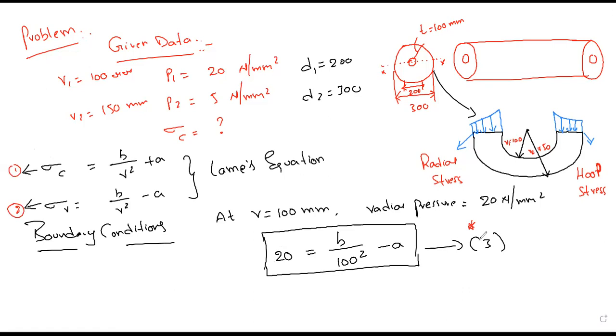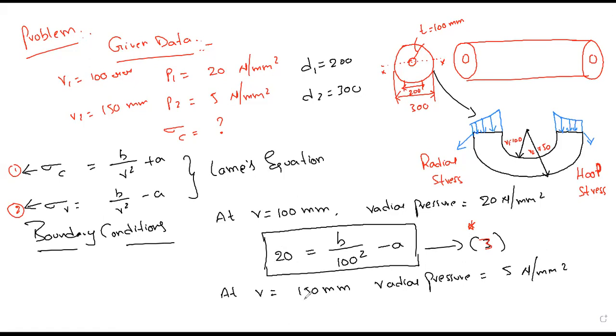This is your third equation. And what is your next boundary condition? At R is equal to 150 mm, your radial pressure is how much? 5 Newton per mm square.